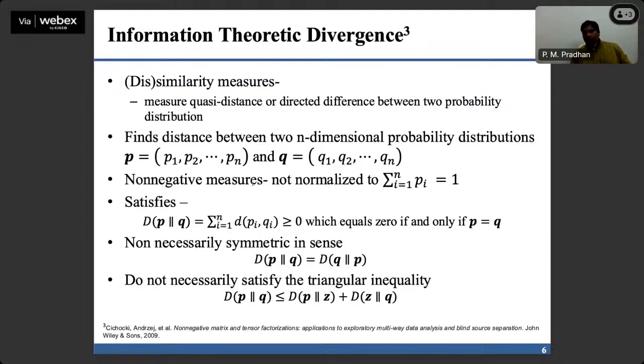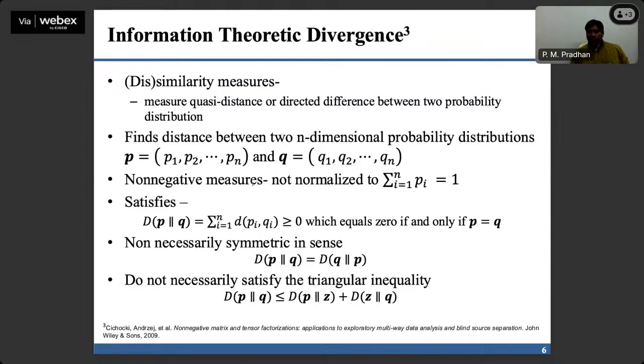And this will be 0 only when both P and Q are exactly similar distributions. So when P is equal to Q, then only this summation of D of p_i, q_i is equal to 0. Otherwise, in all other cases, the difference would be positive.